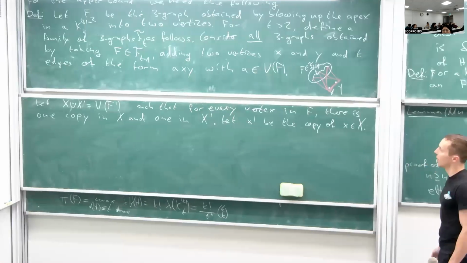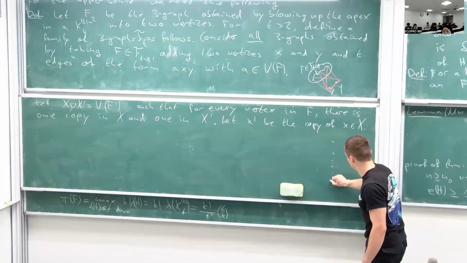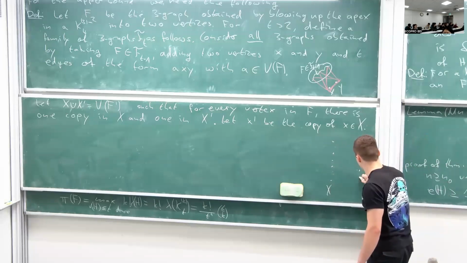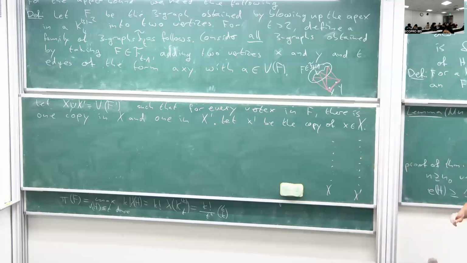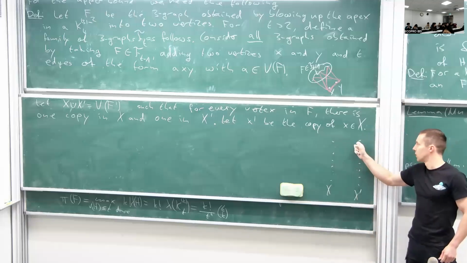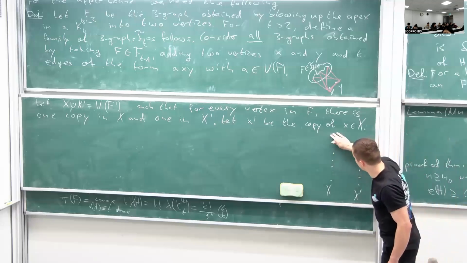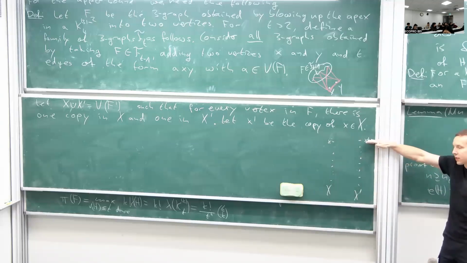Now, what will we do? Let's say here we have X, and here we have X prime. We will look at the co-neighborhoods of a vertex X and its copy X prime, and we'll sum over all of those.